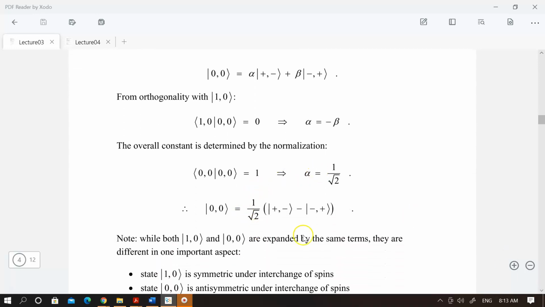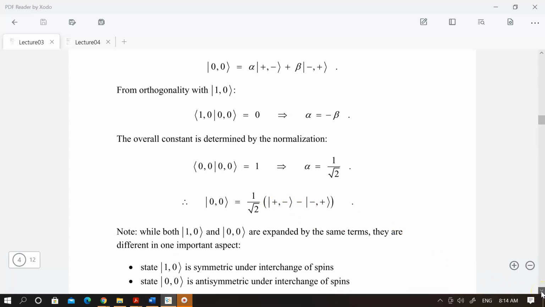So this is the orthogonal combination to the 1 0 one. The 1 0 had a plus here, and 0 0 has a minus sign.